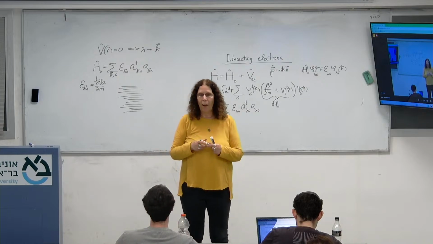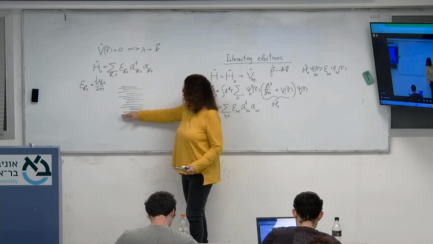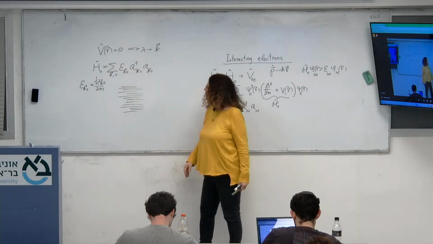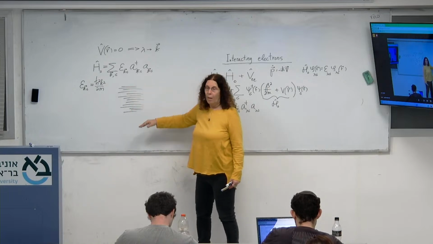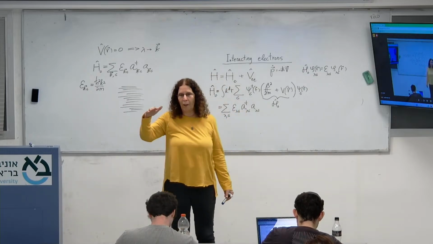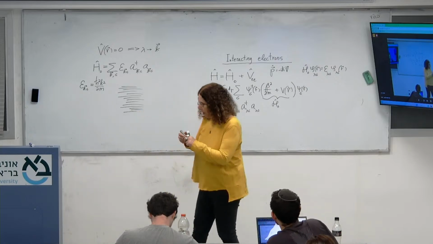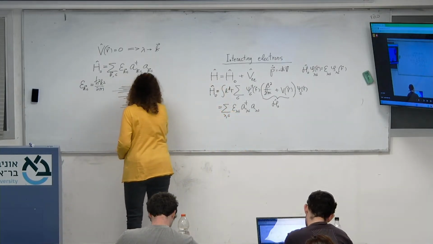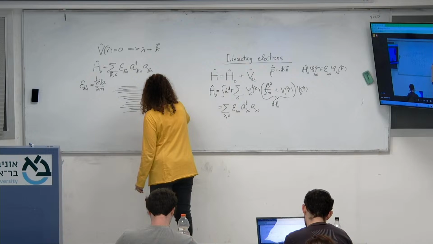It is a state where I start occupying the lower level, and because I cannot put more than one, or more than two if you have a spin degeneracy, I'm filling all the levels up to some level that depends on the density or on the number of particles, right? Alternatively, I can assume that there is a chemical potential, and this defines a so-called Fermi energy.